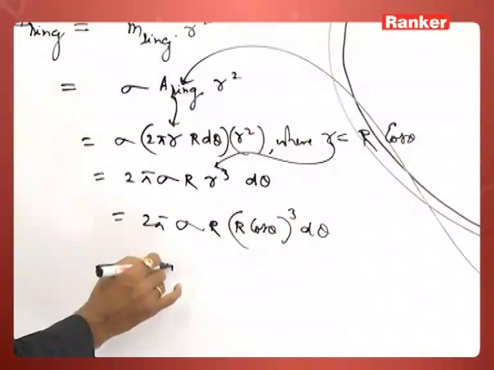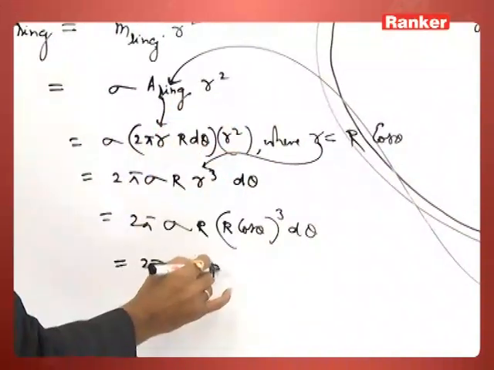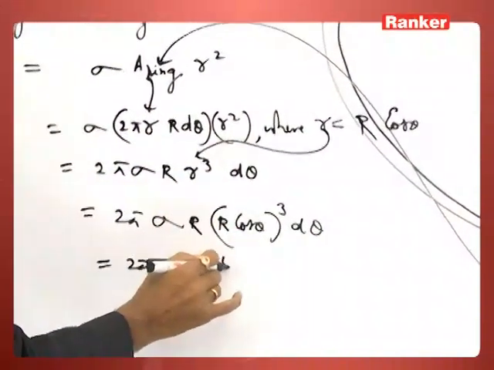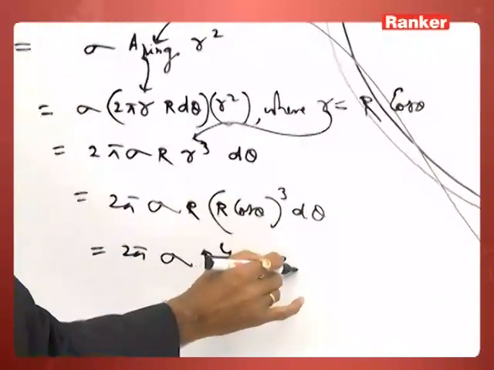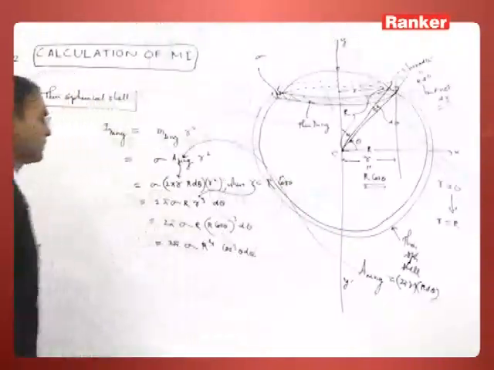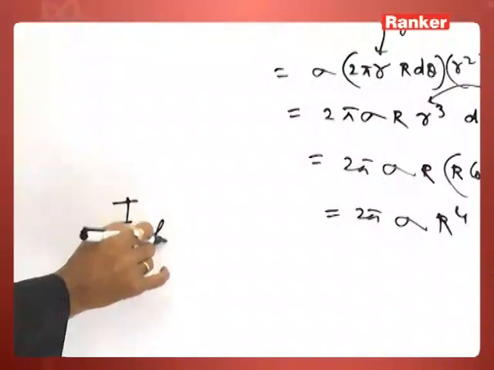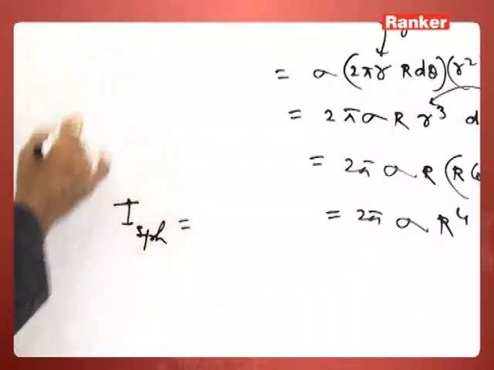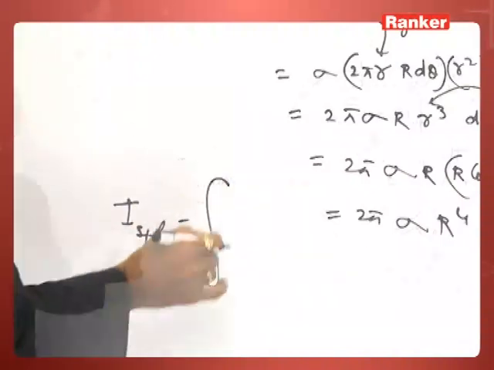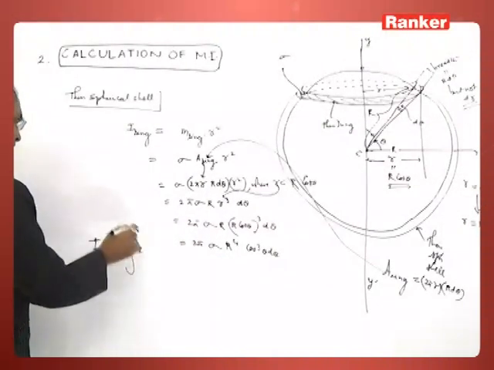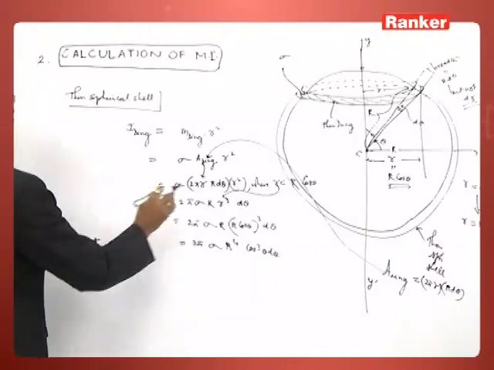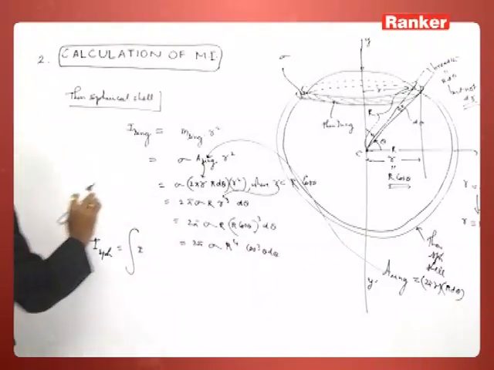This will be equal to 2 pi sigma R cube into R, that is R to the power 4, cos cube theta d theta. Then the moment of inertia of the sphere can be calculated by summing the moments of inertia of all rings.